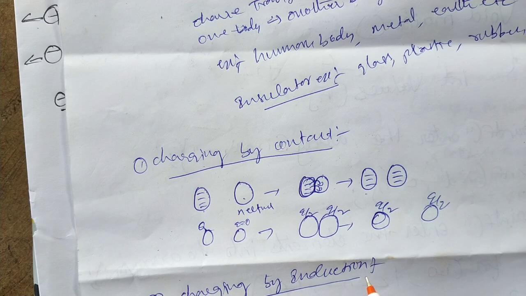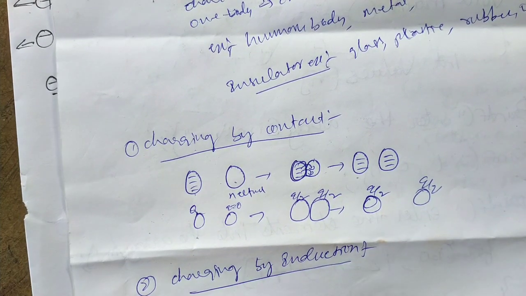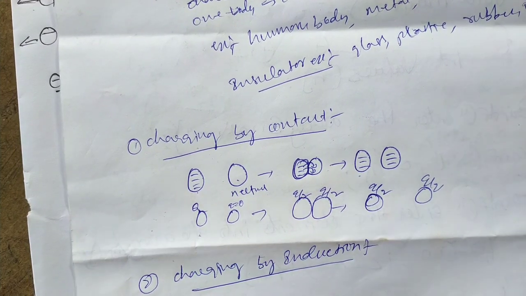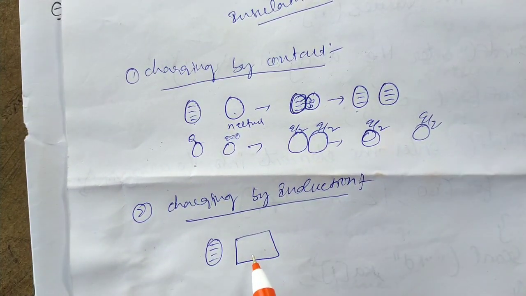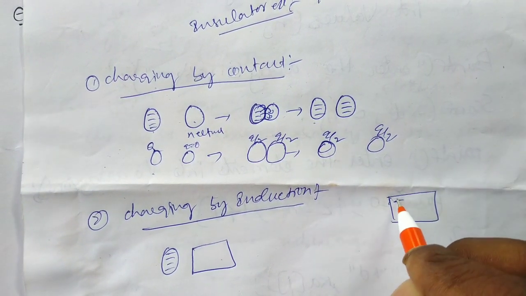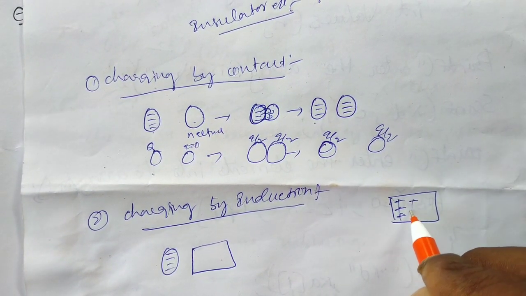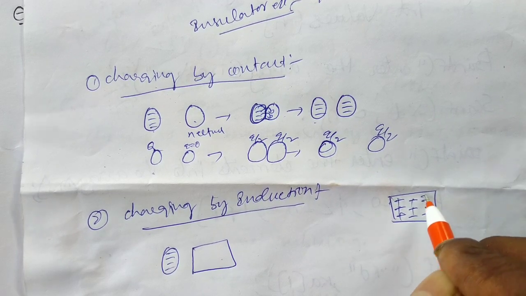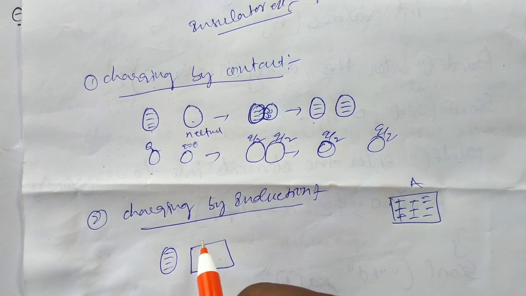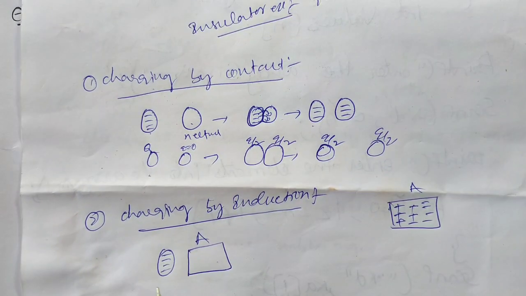Initially, one body is charged and another body is neutral. A neutral body has a number of positive charge carriers equal to the number of negative charge carriers. This is a neutral body, A.